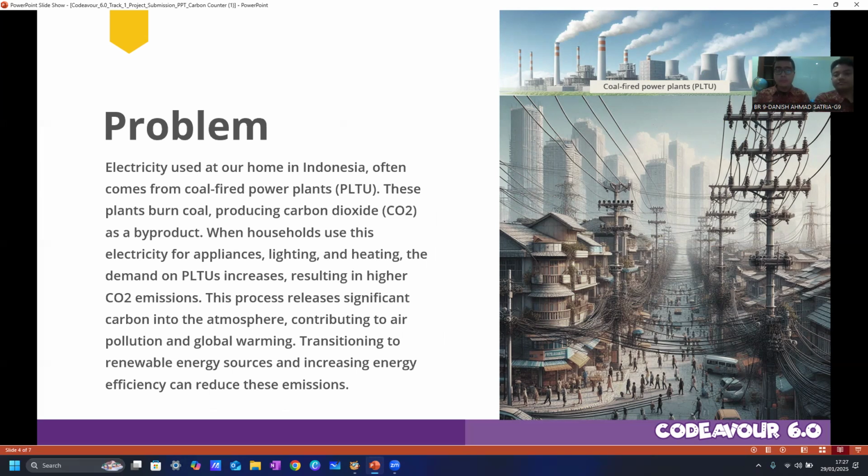When households use this electricity for their daily needs, the demand for coal increases and results in higher CO2 emissions. This process releases significant carbon into the atmosphere, contributing to air pollution and global warming. Transitioning to renewable energy sources and increasing energy efficiency are some of the ways that can reduce these emissions.